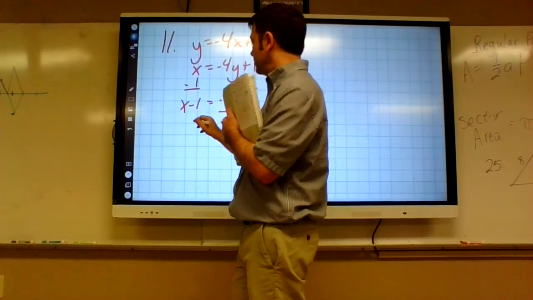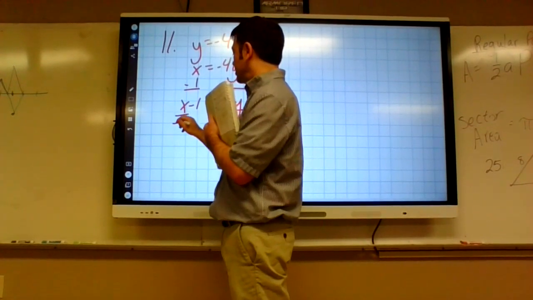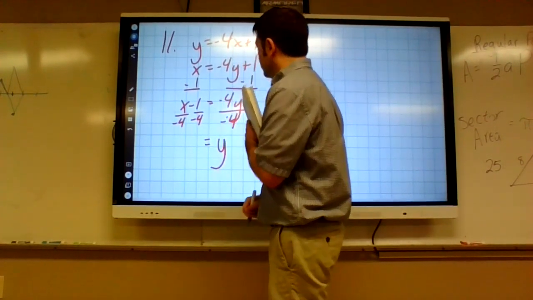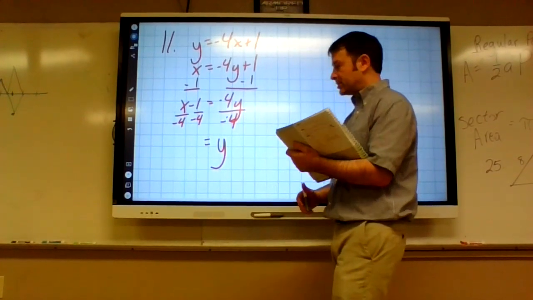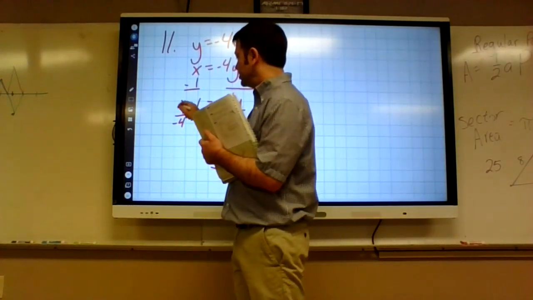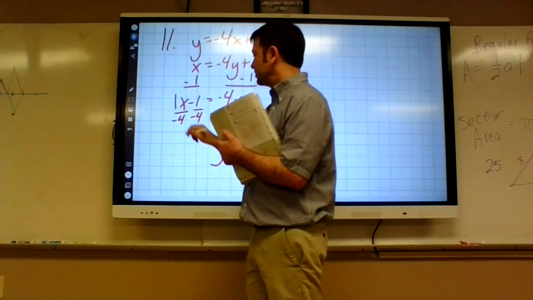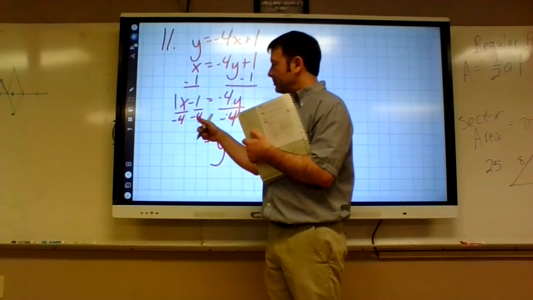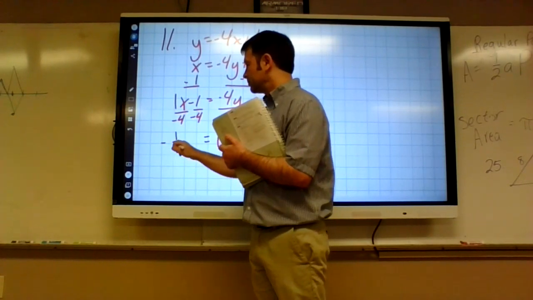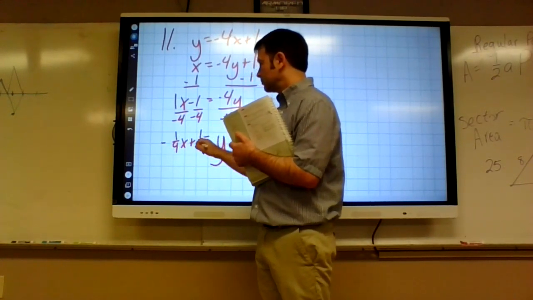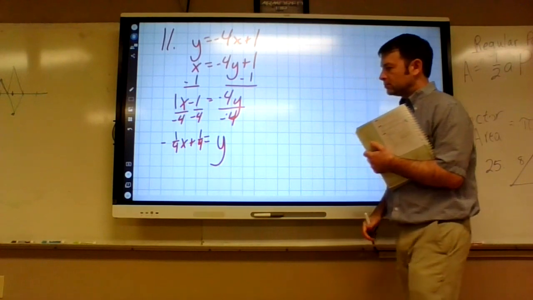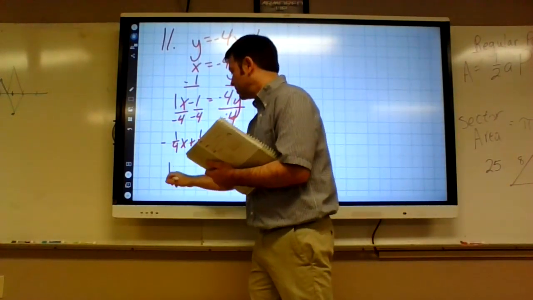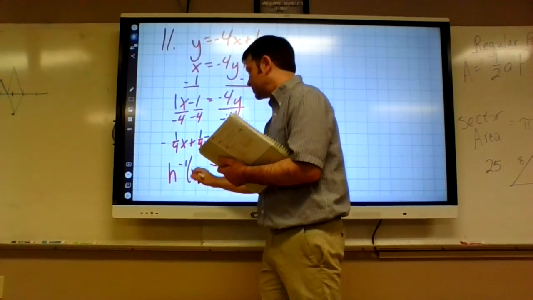Divide by negative 4. Since we're going to graph this, I'm going to put it in slope-intercept form. So this would be negative 1/4 x plus, negative divided by negative is positive. And this is called h of x, so h inverse.